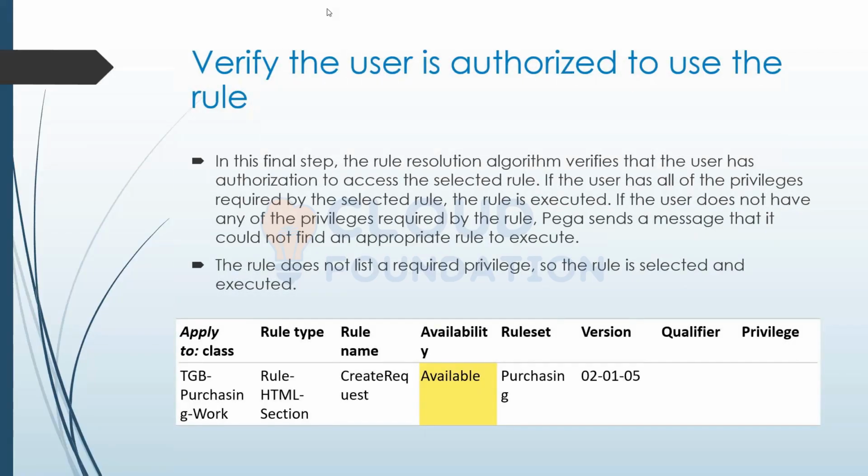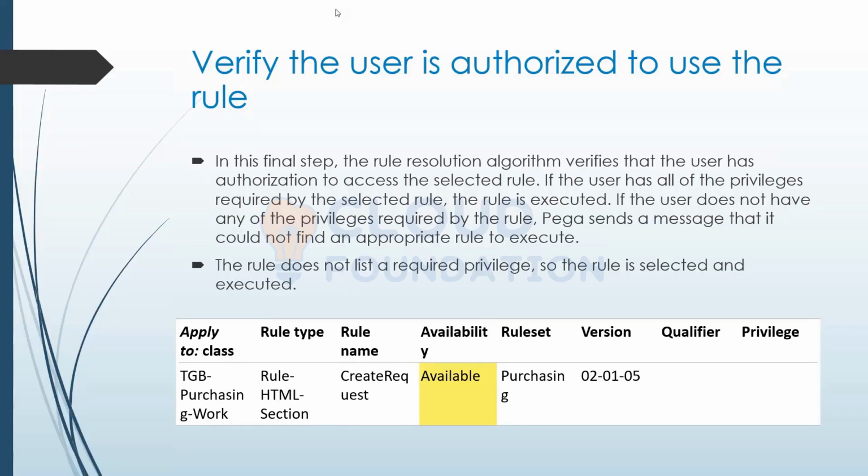Check whether the operator who is working has access to execute that particular rule. There is no privilege defined here. The user does not need any special privileges or access. Yes, he can execute this rule.